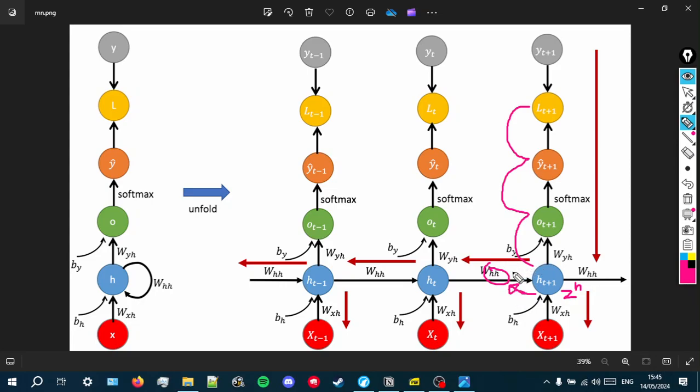But this won't be the end of our chain rule. If we take a look at the diagram, we can notice that there is a WH here almost directly connected to this. Not entirely directly, but we can also create a chain rule from this hidden state, h of t plus 1, to the hidden state before it, and then from the hidden state before it, we can also get to WH.